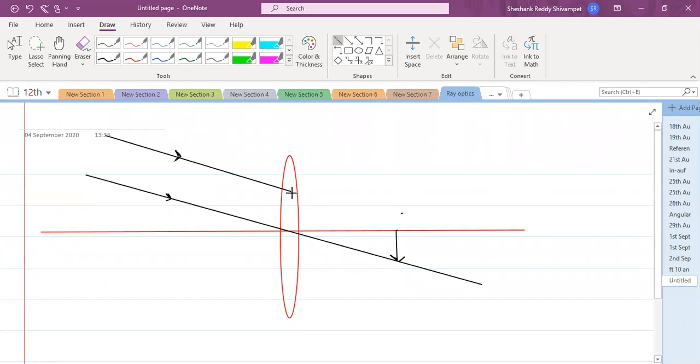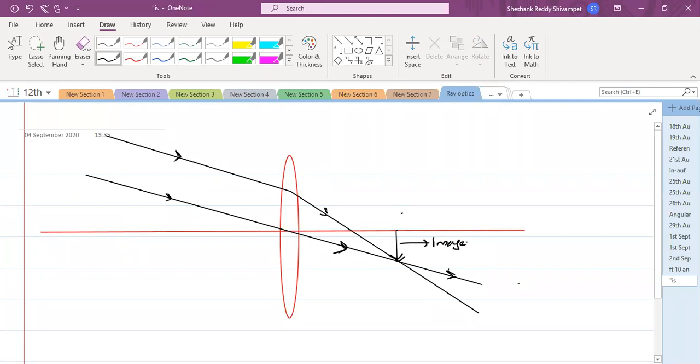Then the other ray, the ray here, will go in this way, right? So look at the rays. These are the rays, and this is the image.